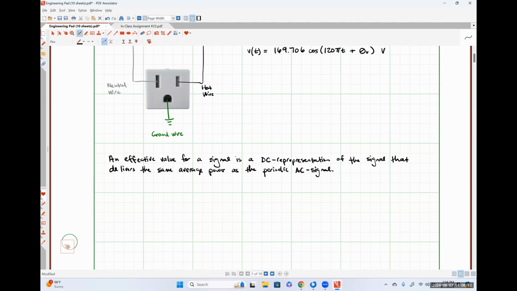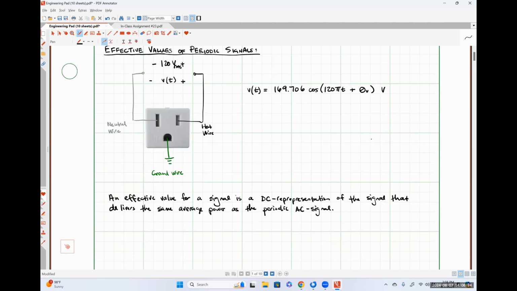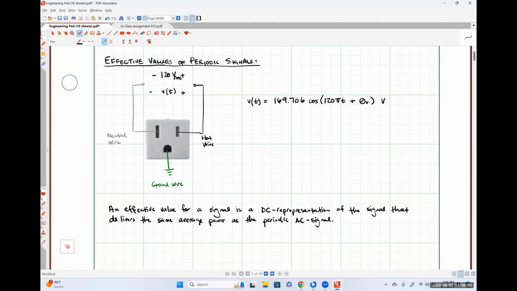So if we were to connect a resistor across the terminals of this receptacle, it would absorb the exact same amount of average power as if we had connected a 120 volt DC source to that same resistor, okay?